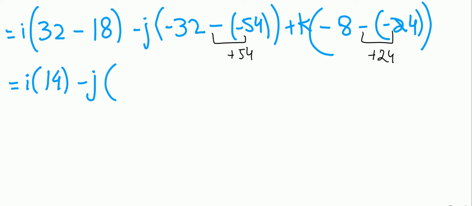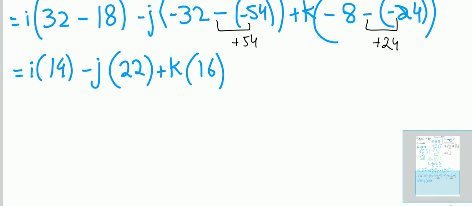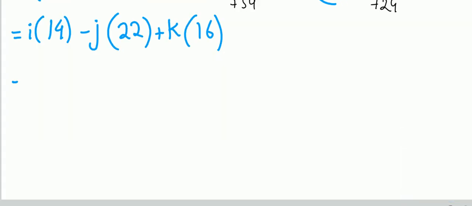So this would be minus 30, for j it would be minus 32 plus 54, plus, for k it will be minus 8 plus 24, which would be 16, and writing this as a column vector would be 14, minus 22, and 16.